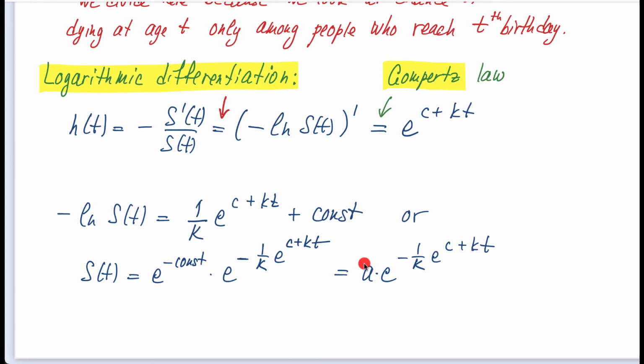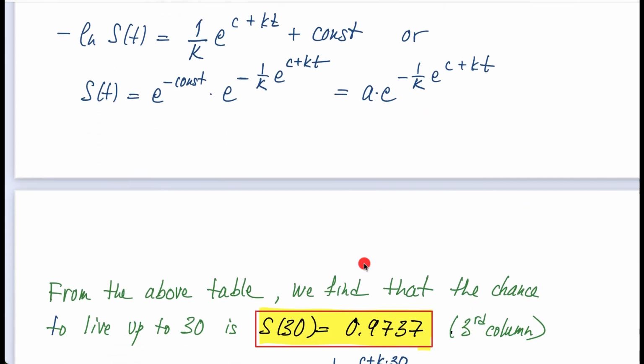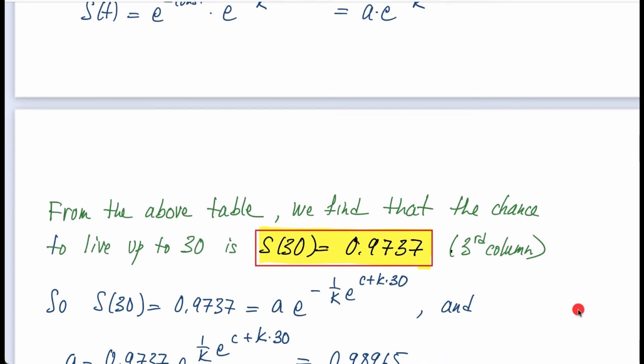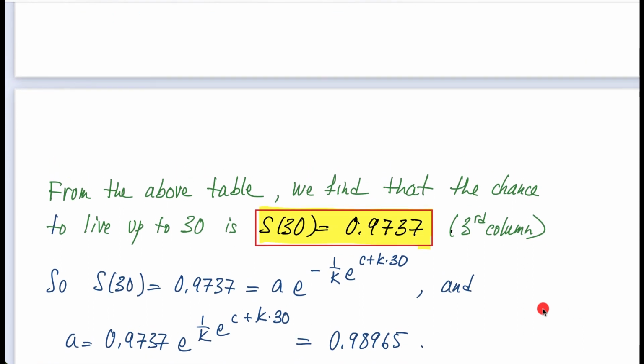For that, we are simply going to take a look at the third column in the above table and find what is the survival function at the age of 30. In this particular case, it's 0.9737. And then if you plug in 30 into this model that we just found, we get that this 0.9737 should be equal to this Gompertz function.